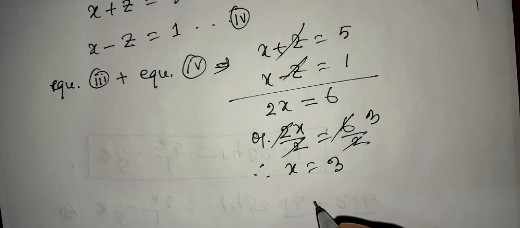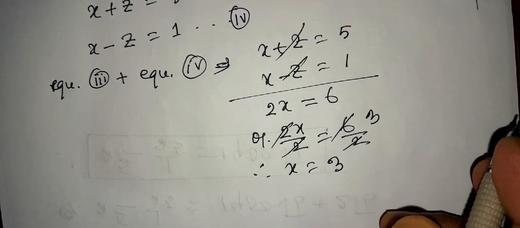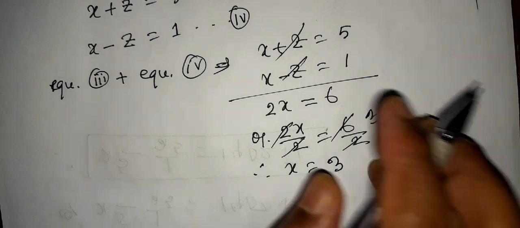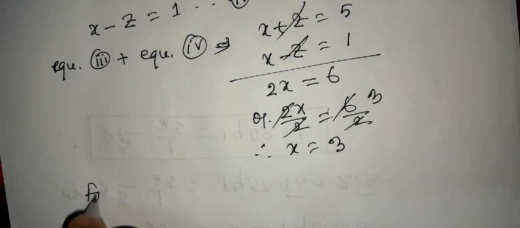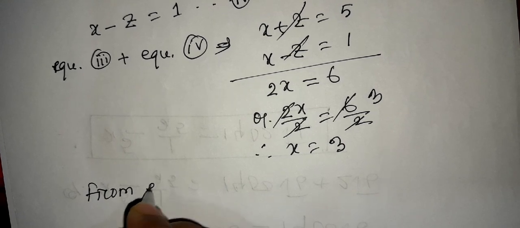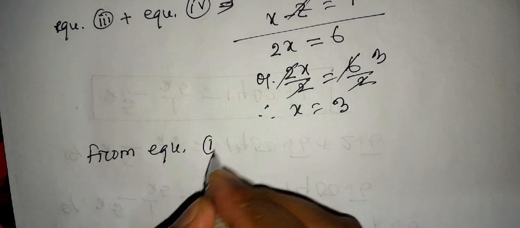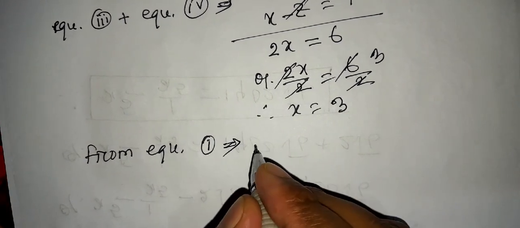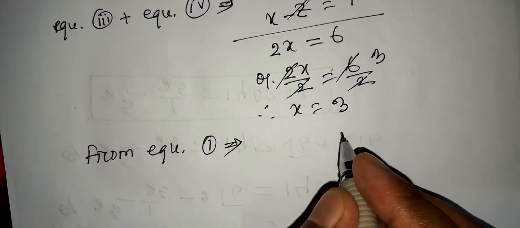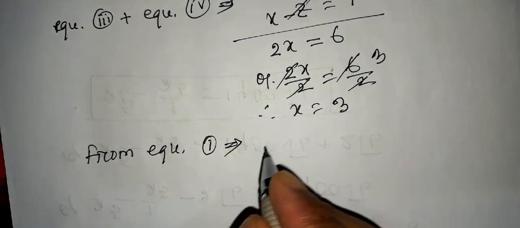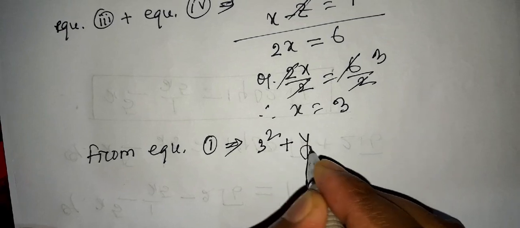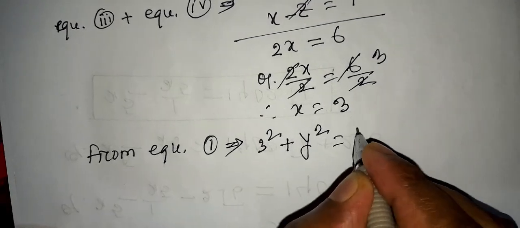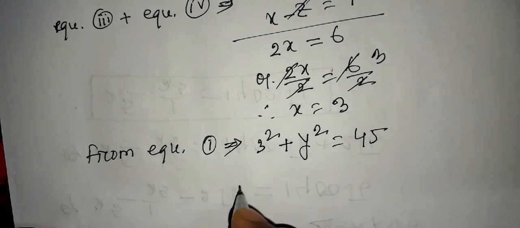It is the value of x. From equation number 1, by putting x equal to 3, we can write 3 square plus y square equal to 45.